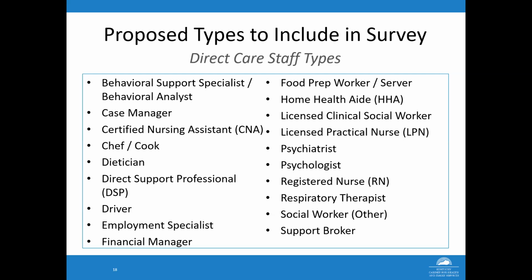Anything else that we're missing that might normally go into an other bucket that we can capture? The only other thing that I would add is medical appointment coordinator. I only add that because a lot of times these medical appointment coordinators are taking people to their medical appointments.